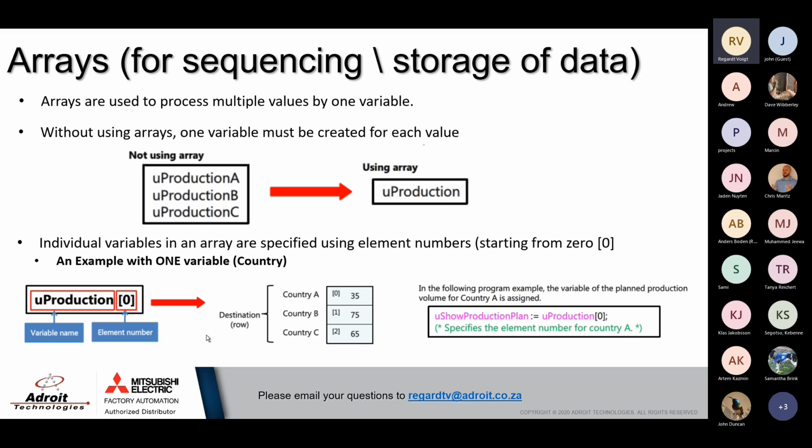So if you, for instance, want to display on a SCADA or HMI the production value for country A, this value will be the one that you would scan to your SCADA or link to your card. Then this value here, this 0, you would change. That would be your user-defined value. So 0 would be country A, 1 would be country B, 2 would be country C, etc. Okay. So this is a one-dimensional array.